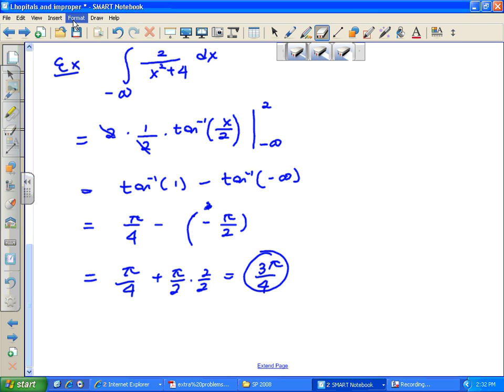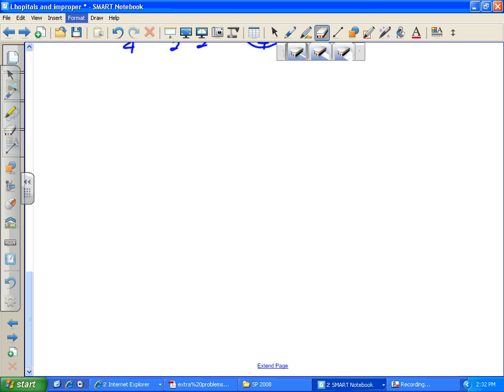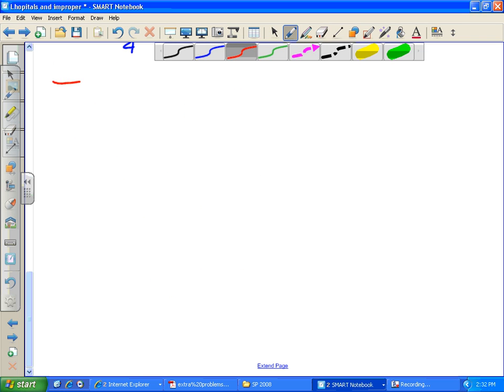All right, so here is one more example of improper integrals. Let's find the integral of x times e to the negative x dx, and the limits are from 0 to infinity.